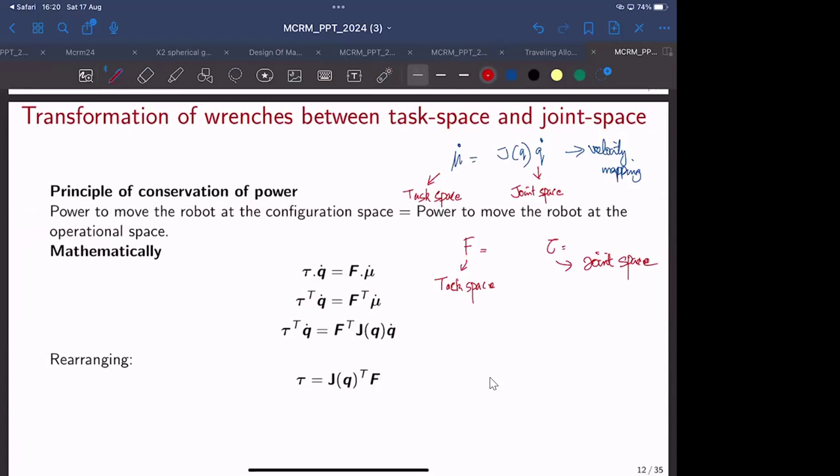How would you map between the forces in task space and the forces and torques in joint space?